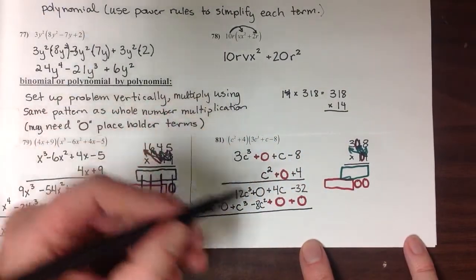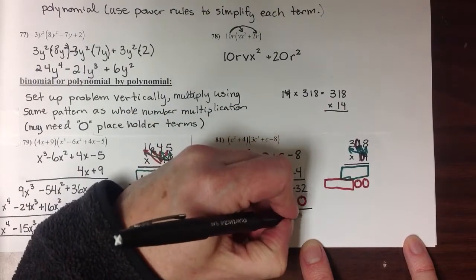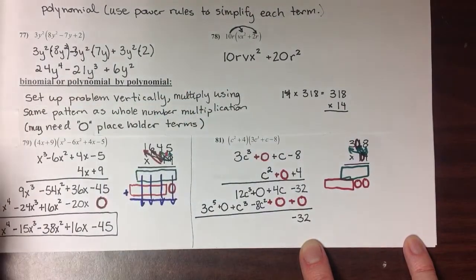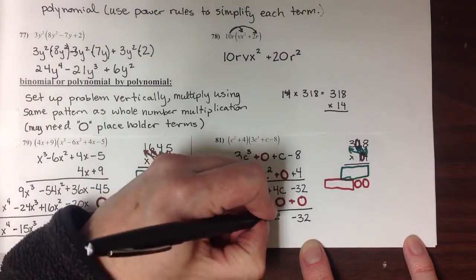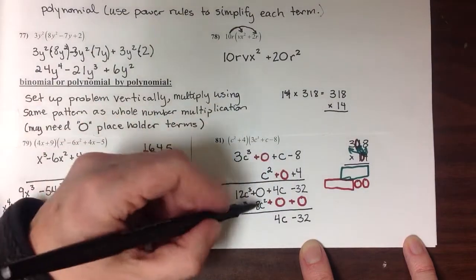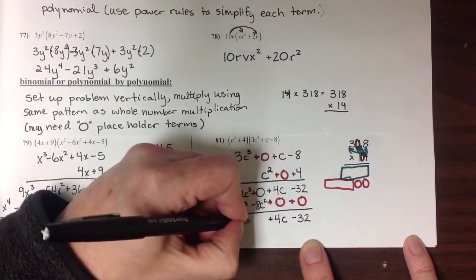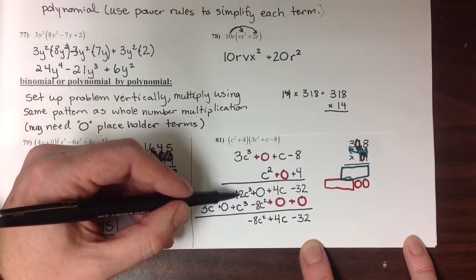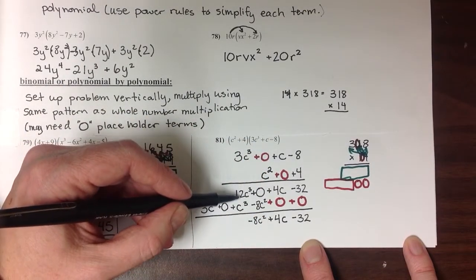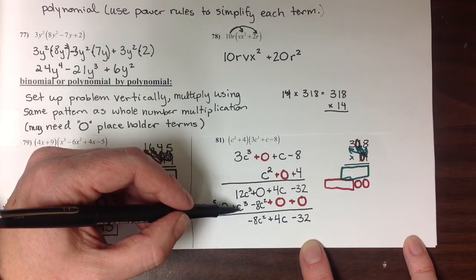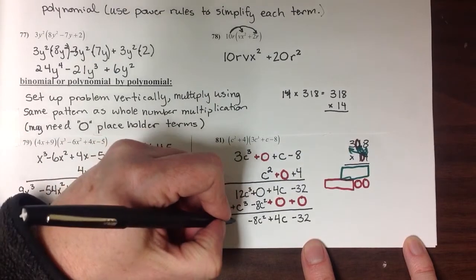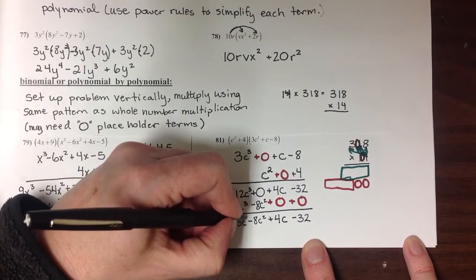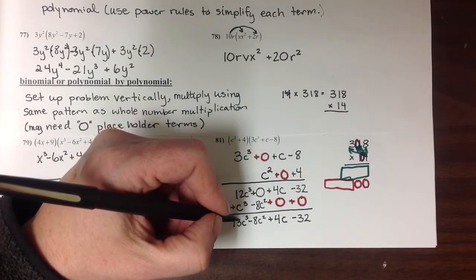Adding these together, my constant terms are a total of negative 32. Here's 4c, a negative 8c squared. Finally, some to add together, a positive 12c cubed and another c cubed will give me a total of 13c cubes.